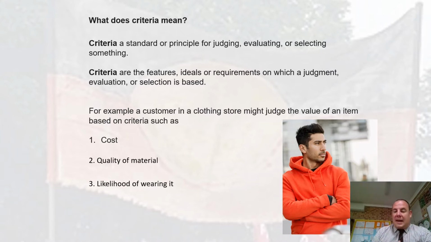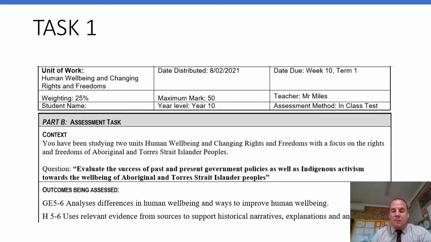So that's how someone would evaluate the cost of clothing based on those three criteria. And that's what you're going to have to do in your final task as well. Sorry, and I totally forgot, we've got one there about coolness factor, like how good it looks on people.